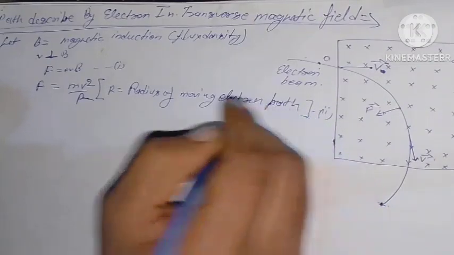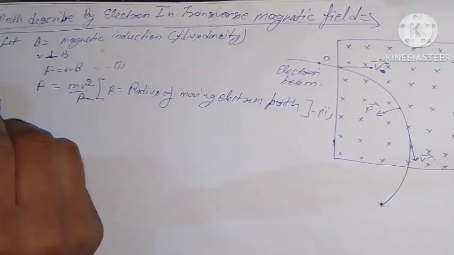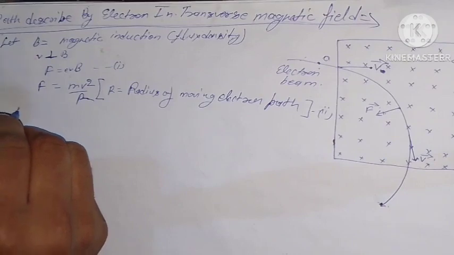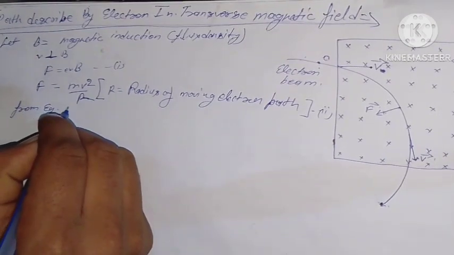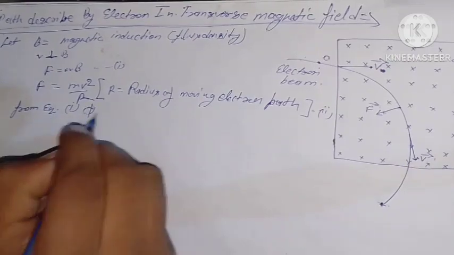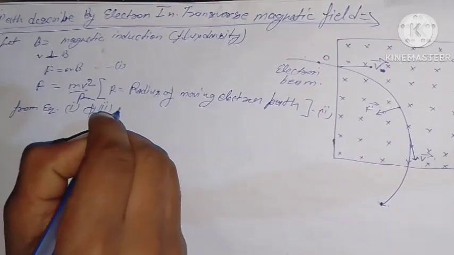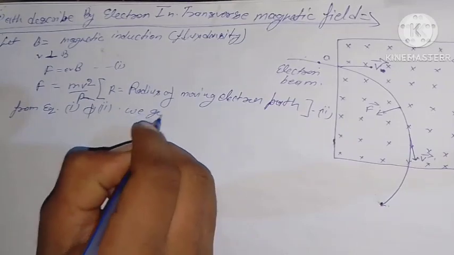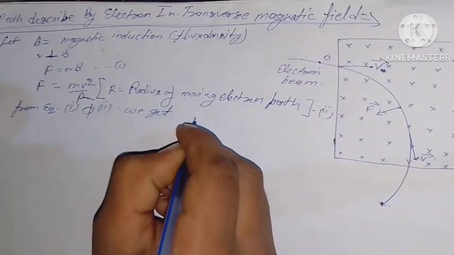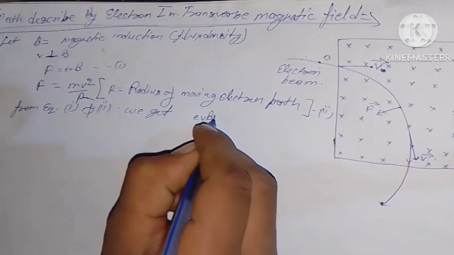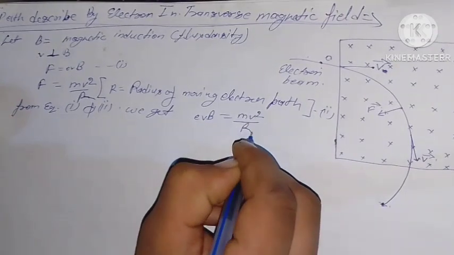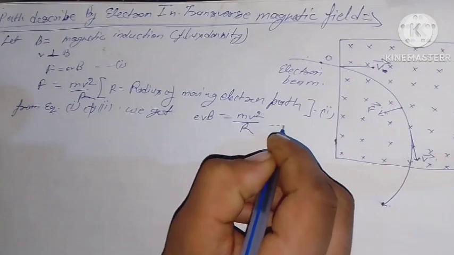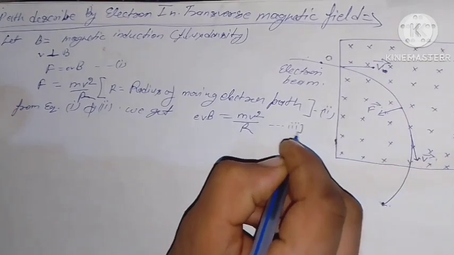From equations 1 and 2 we get evB equal to mv square by R. This is equation number 3.